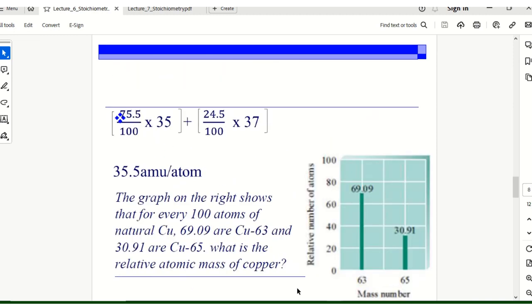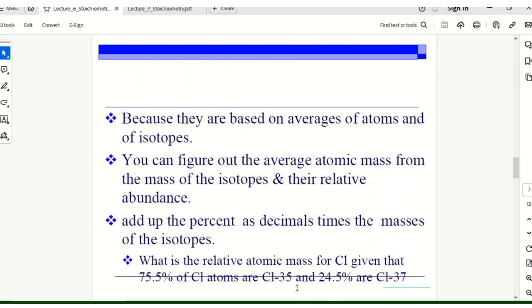Here is an example: what is the relative atomic mass for chlorine, given that 75.5% of chlorine atoms are chlorine-35 and 24.5% are chlorine-37? So this is the question.